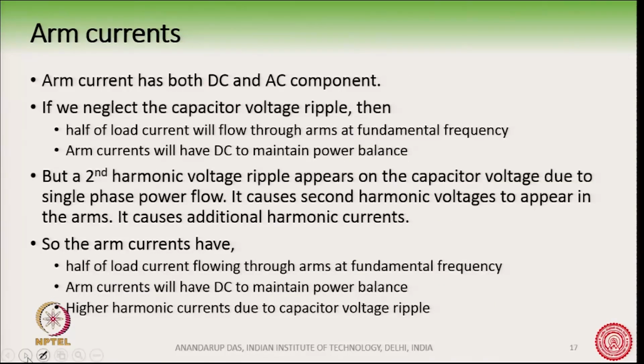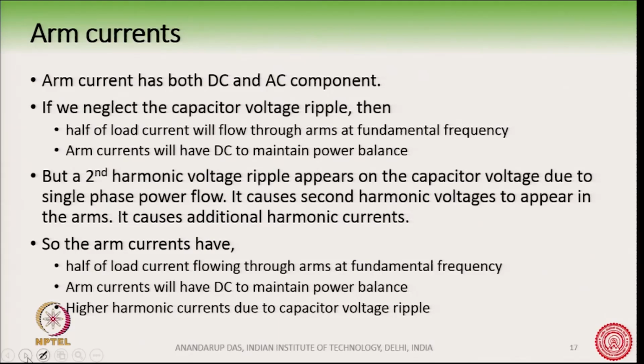Next is the current flowing through the arm. Now, this is a little bit tricky. Let me first tell you what the arm current contains. Primarily, the arm current has a DC as well as an AC component.